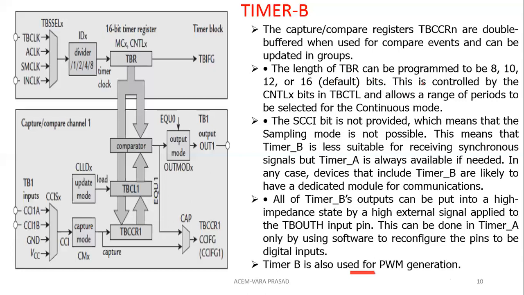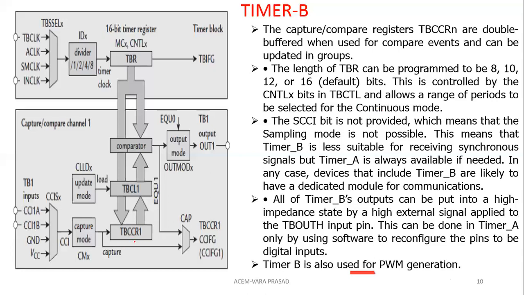This is controlled by the control bits called CNTL bits in the Timer B control register, which allow a range of periods to be selected for the continuous modes. Continuous modes mean counting up to a certain value, so different values can be selected.